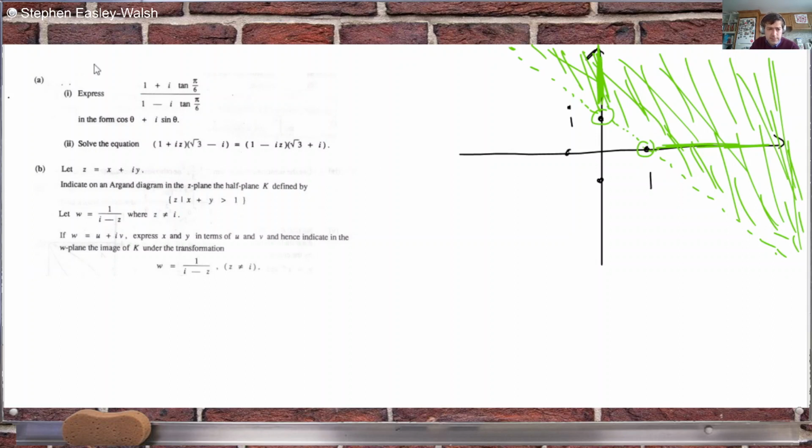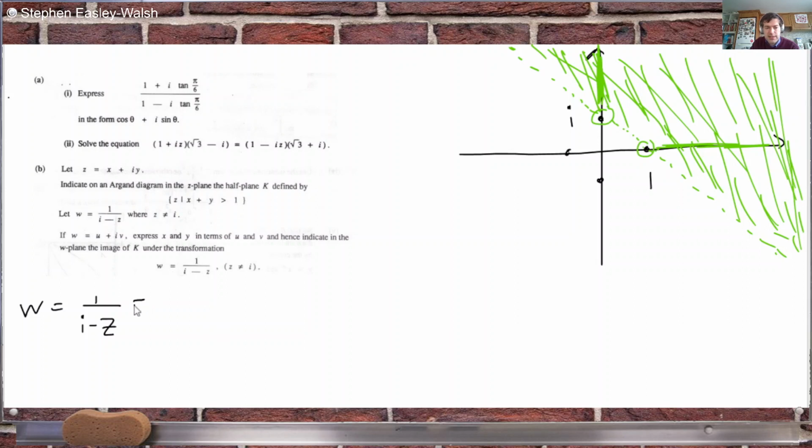Next now, w equals 1 over i minus z, and w is u plus iv. Express x and y in terms of u and v.